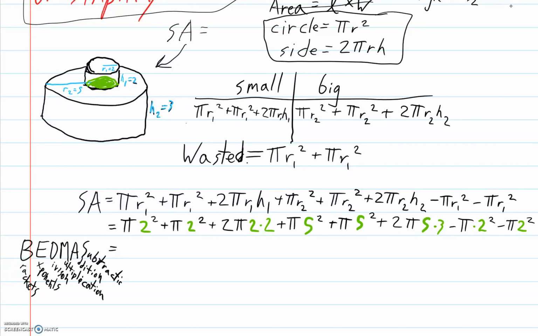All it means, BEDMAS, is order of operations. It means we have to do it in this order. So you start with brackets, and then you go to subtraction. Okay? So make sure you have that in mind.